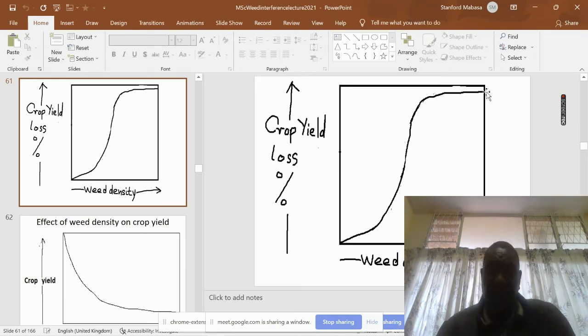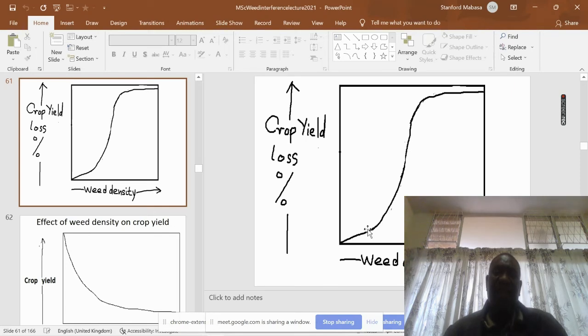Now, you can notice that somewhere here, the losses are low versus weed density here. Now, as we increase weed density, we slightly increase crop yield loss. But we reach a point where the loss is very high.